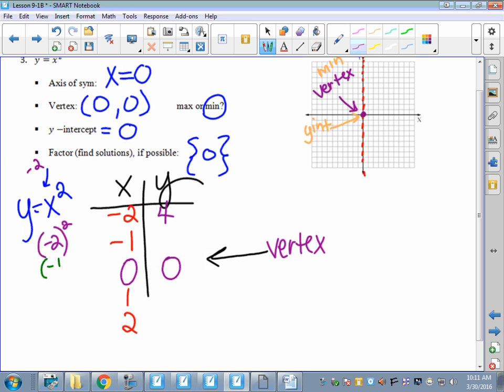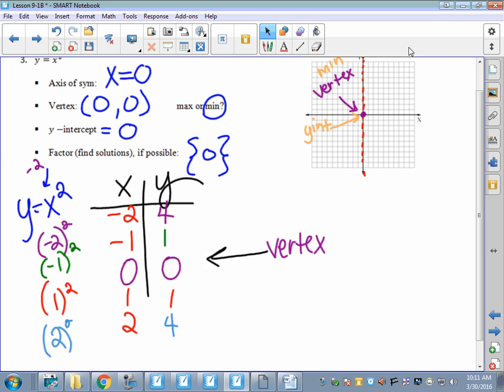Same with -1. When I put a -1 into my equation and square it, -1 times -1 is +1. When I put a +1 into my equation, 1 to the second power, that's just 1. And when I put a 2 into my equation, 2 squared is 4.